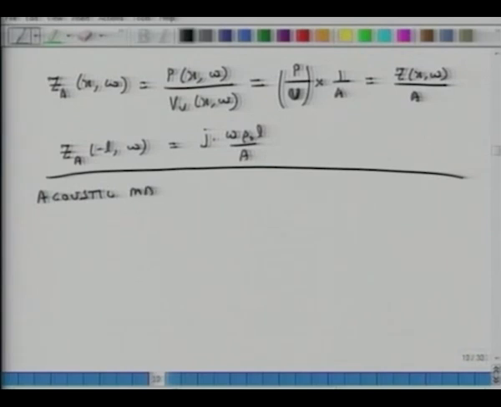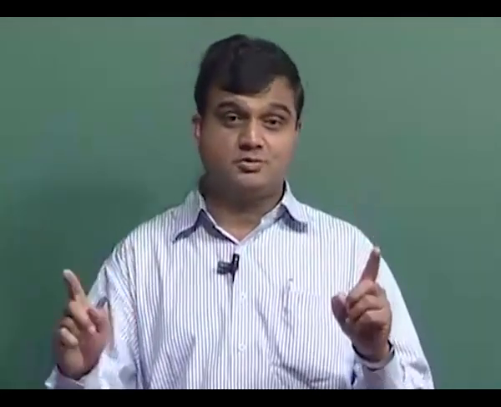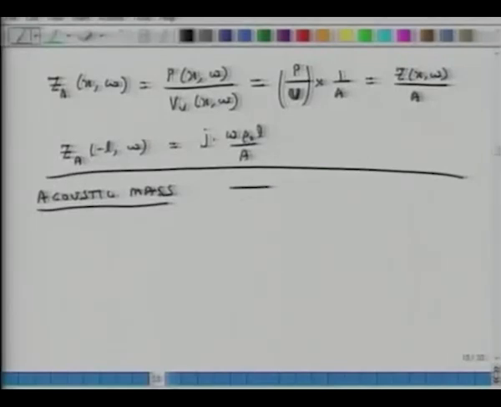So we are right now still doing all these discussions in the context of a small tube, open at both ends, and it is small in the sense that its length is significantly less than lambda over 2 pi.